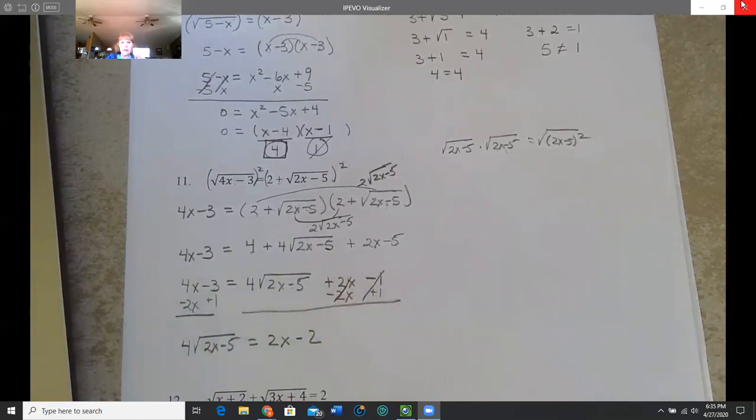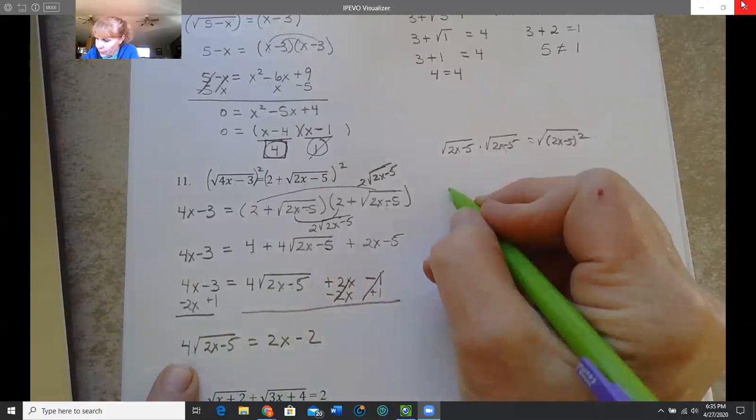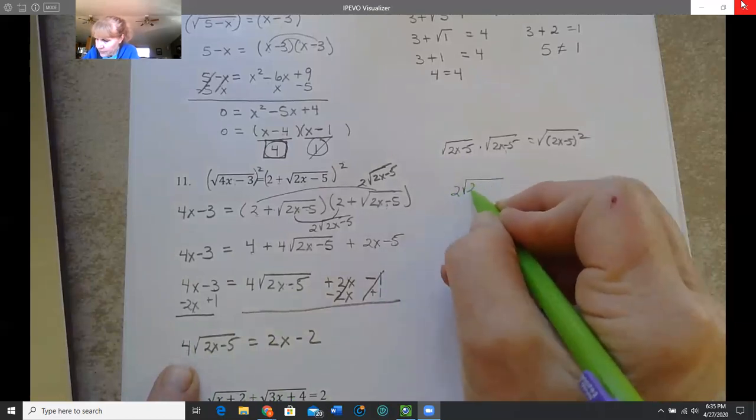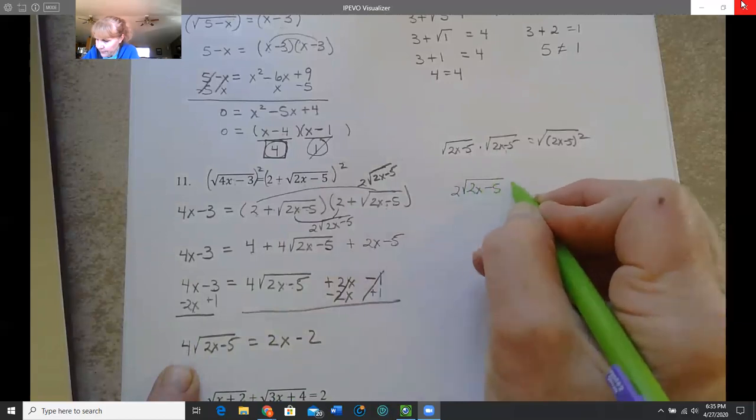But I've got that 4 in front. Now, 4 would not go into these evenly, but 2 will go into everything evenly. So you can divide everything by 2 here. This leaves you with 2x minus 5.